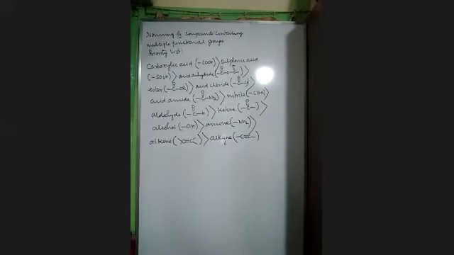Acid chloride we call it oyl chloride. Amide we call amide. Nitrile is called nitrile. But when you consider them as a secondary group or substitution, then their name changes. So we'll write the name.